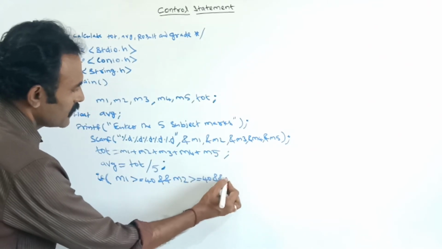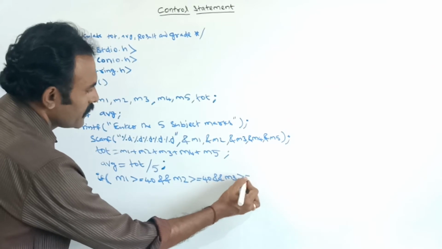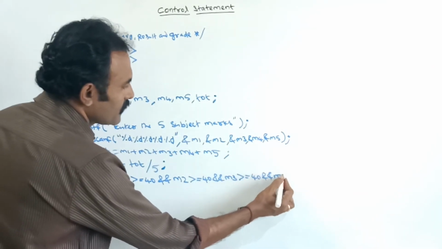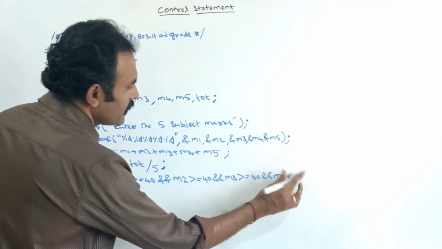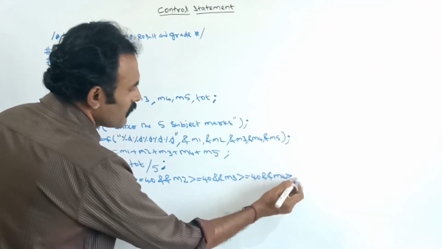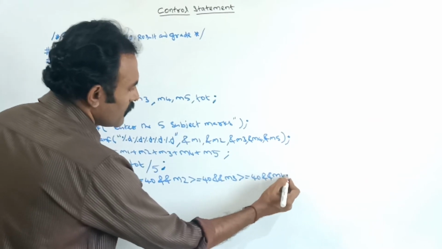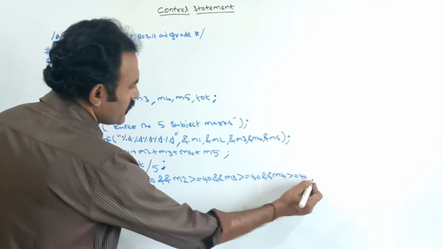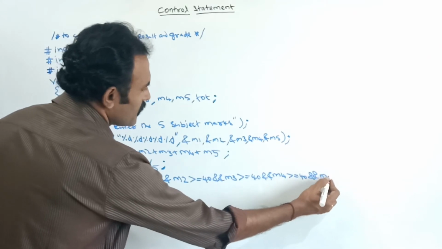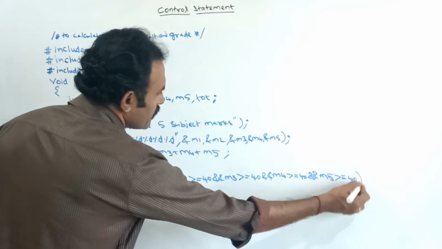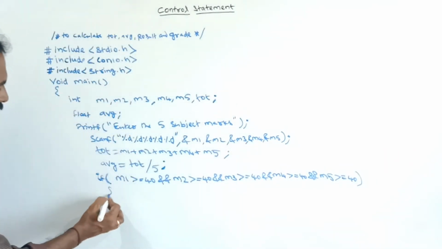Next, and mark 3 greater than or equal to 40 and mark 4 greater than or equal to 40 and the subject mark 5 is greater than or equal to 40.